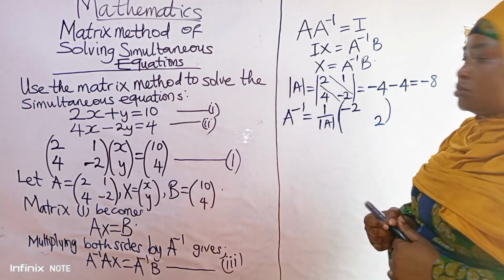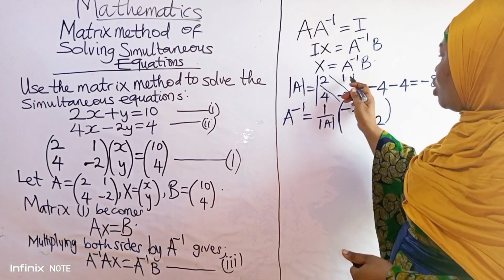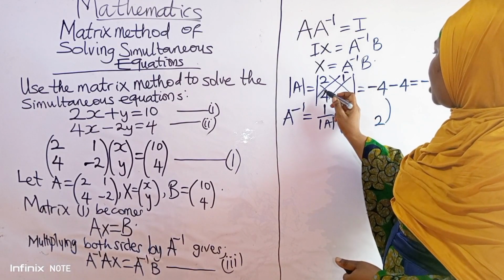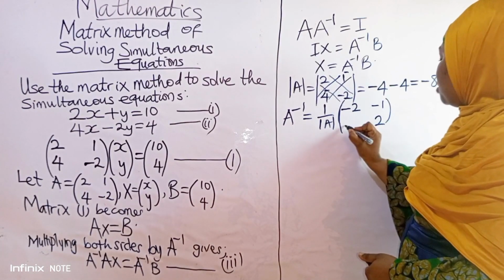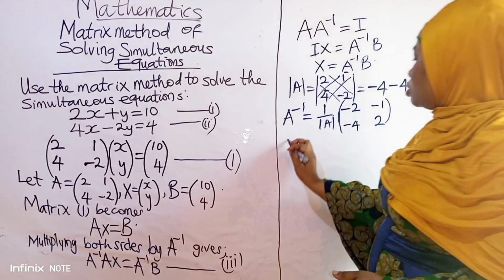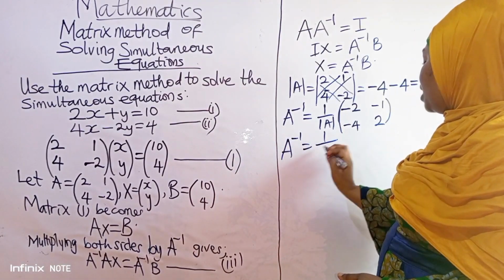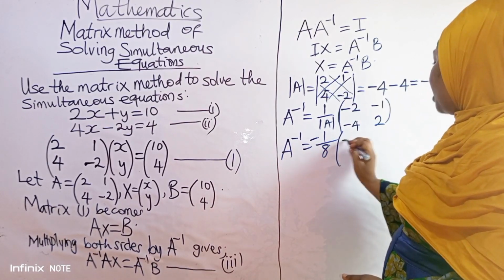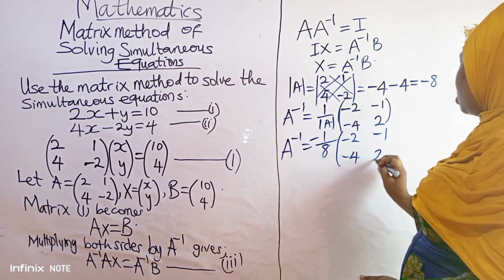Those in the second diagonal, we are going to put a minus sign on them. So this 1 becomes minus 1 and here becomes minus 4. So A inverse is equal to 1 over minus 8, which gives me minus 1 over 8, multiplied by minus 2, minus 1, minus 4, 2.